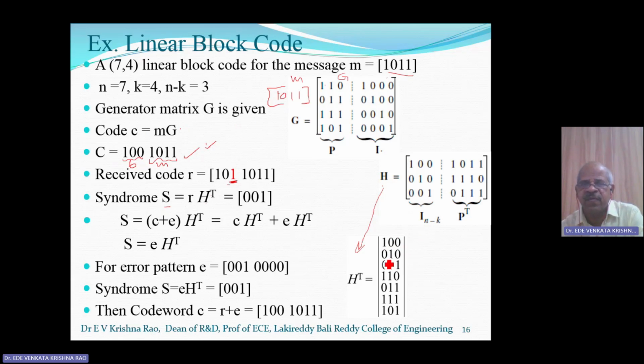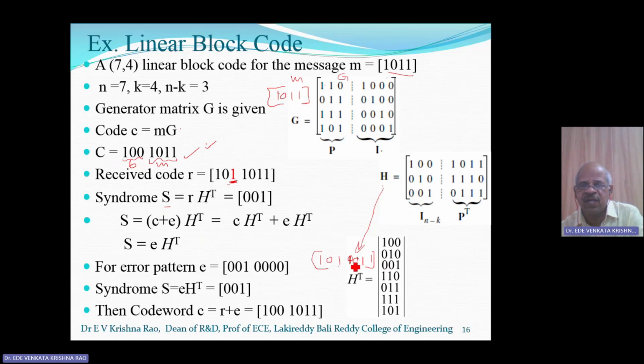So this is the transpose matrix. Then R, the received code word, into H transpose. For example, 1 0 1 1 0 1 1, and you multiply R H transpose.